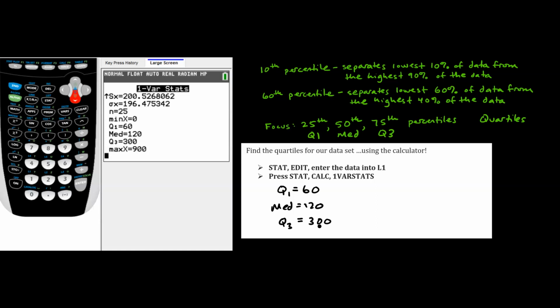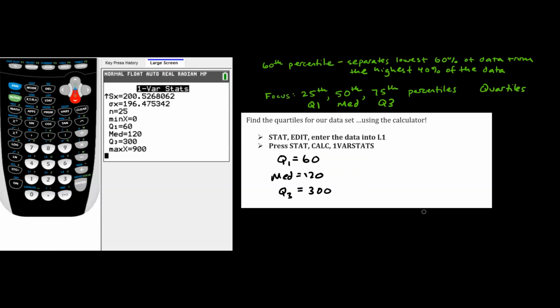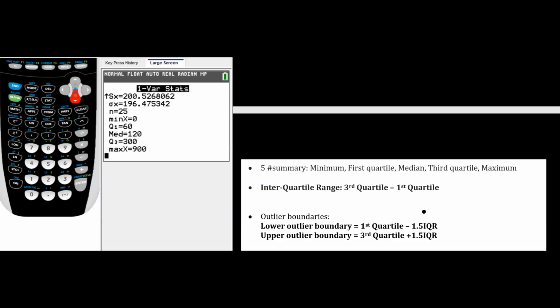And with Q3, since this is the 75th percentile, you would say the person that's talking for 300 seconds is talking longer than 75% of the class, but there's still 25% of the class that might be talking longer than that person.